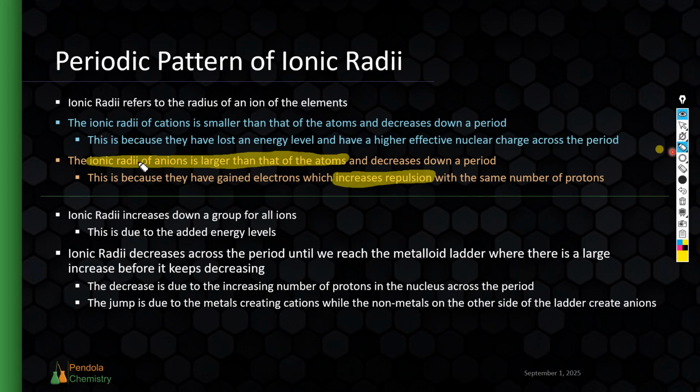Because I can tell you this, the ionic radius of anions, negative ions, are larger than that of the atom, and that's because of increased repulsion. But what does that actually mean? So let's look at an ion of, let's say, sulfur. Let me pull up.